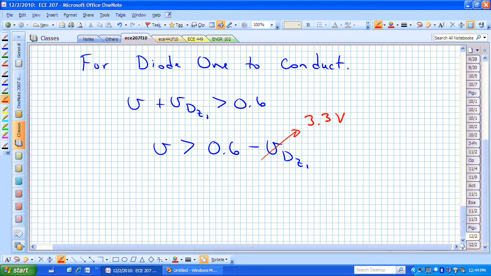In particular, it's going to be minus 3.3 volts in order for that to be in the reverse biased configuration. So this now says that we need V to be bigger than 0.6 minus minus 3.3, or we need V to be 3.9 volts in order for conduction to occur.